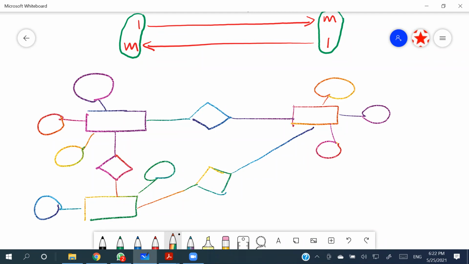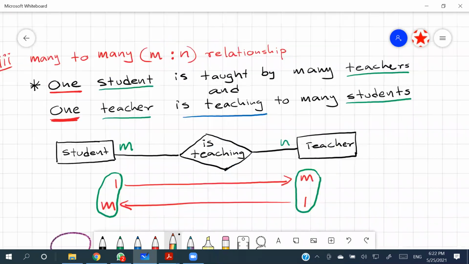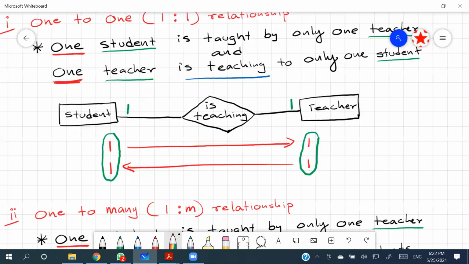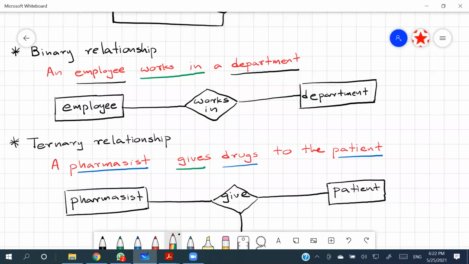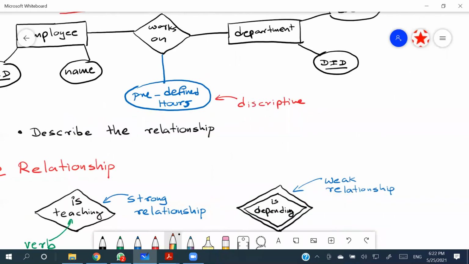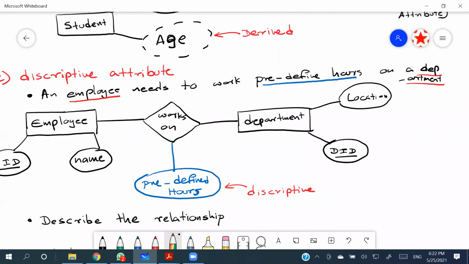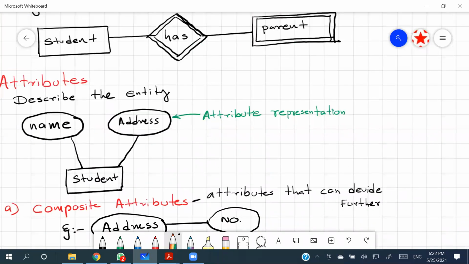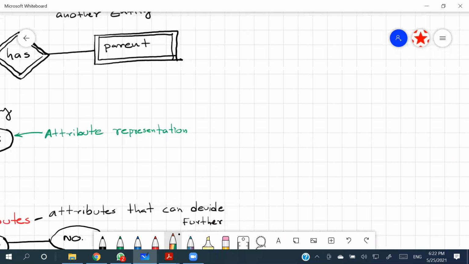People, regarding the attribute list, I missed one particular thing, which is called the key attribute. Define it where you have drawn your attributes. I'll write it over here.